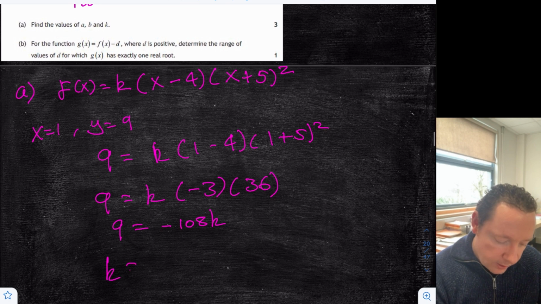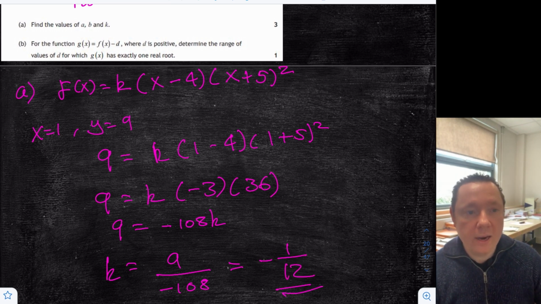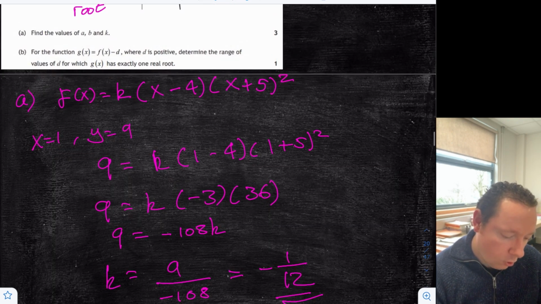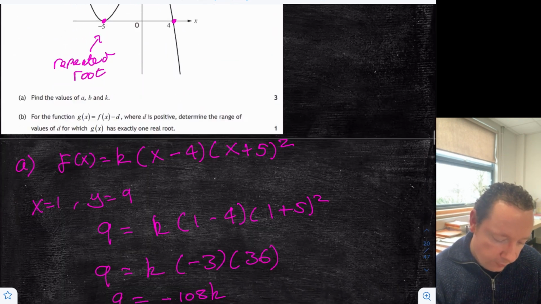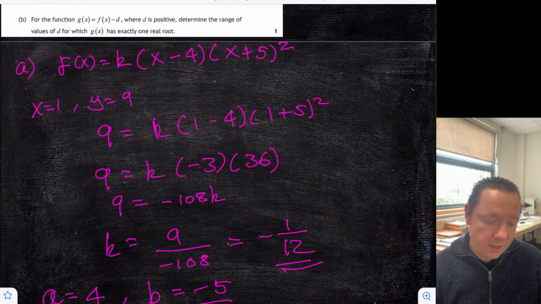So k is 9 over minus 108, which is minus 1/12. We've got a equals 4 and b was equal to minus 5, remember, from our roots, 4 and minus 5. So we're done there.